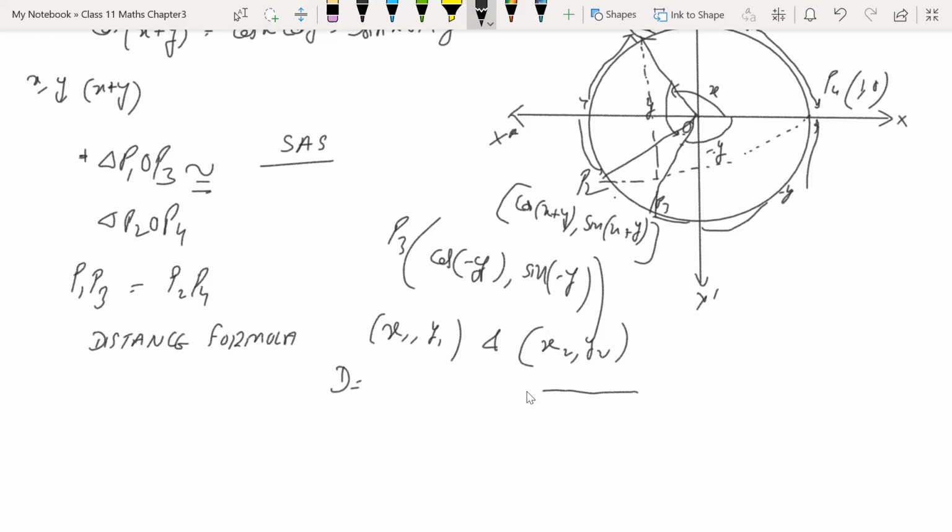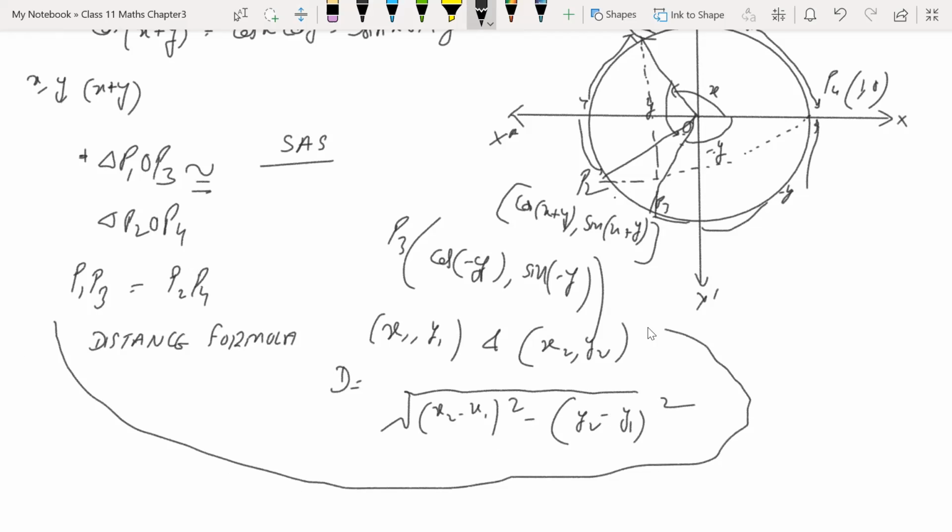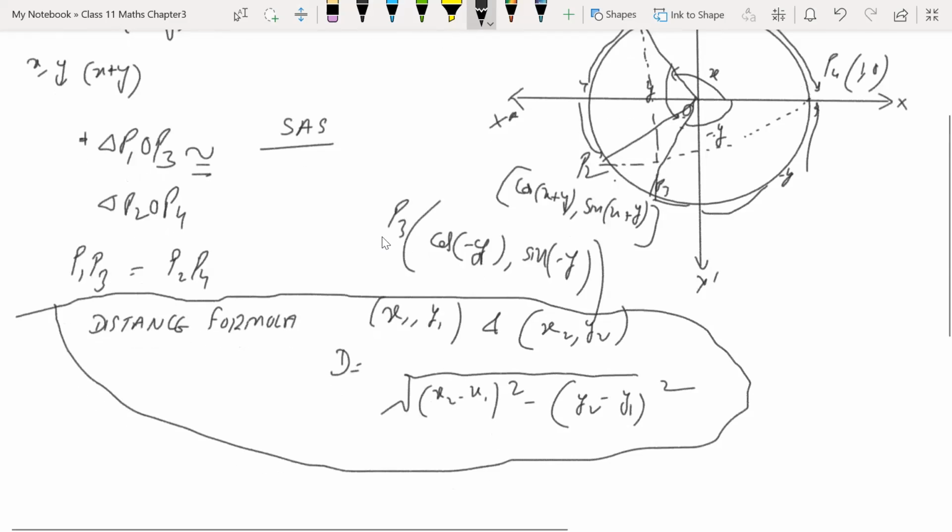The distance formula is the square root of (x2 minus x1) square plus (y2 minus y1) square. This is the distance formula.